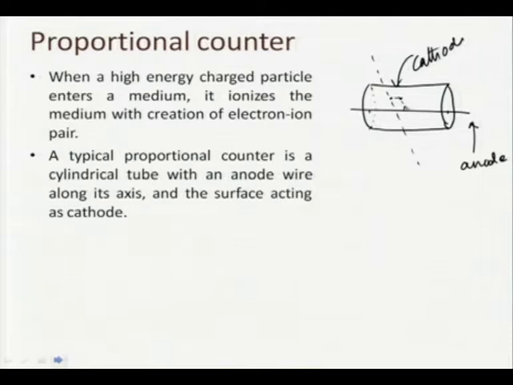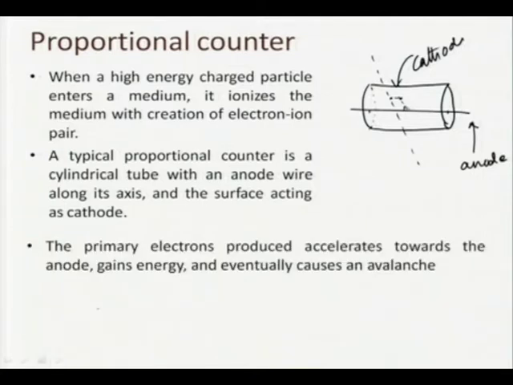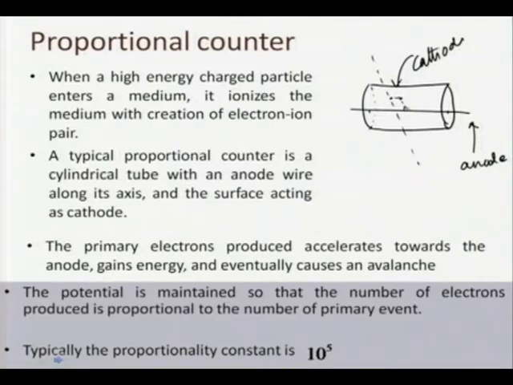As I said, the primary electrons produced are accelerated towards the anode, gain energy and eventually cause an avalanche. The number of secondary electrons produced in the avalanche is proportional to the number of primary electrons produced.